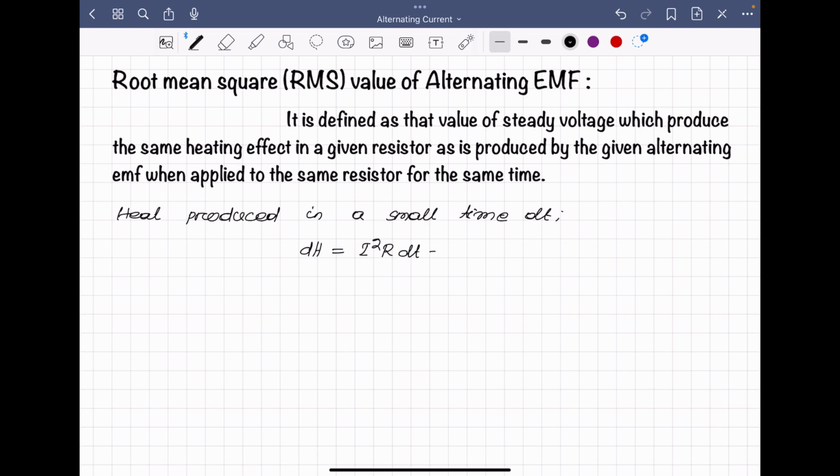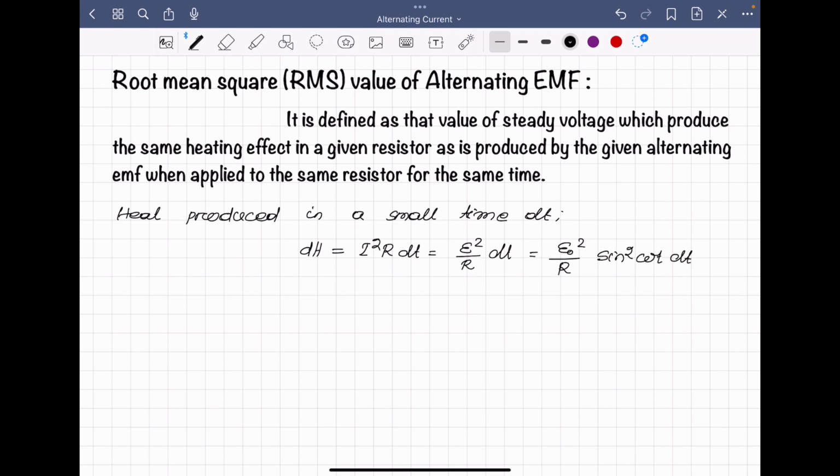In place of I we can write E by R, or we can write E square by R dt. In place of E we can write E naught sin omega t. So from starting onwards we discuss about E equal to E naught sin omega t for alternating EMF. Then this becomes E naught square by R sin square omega t dt.